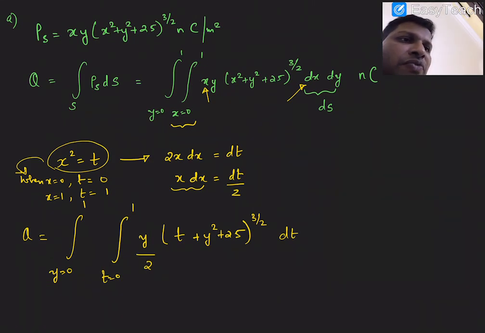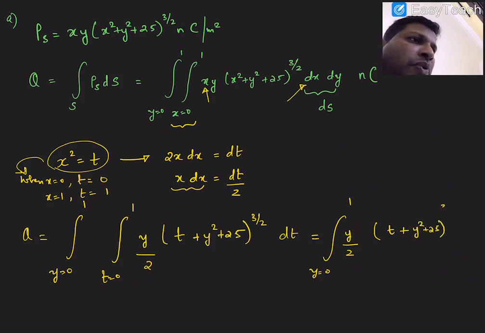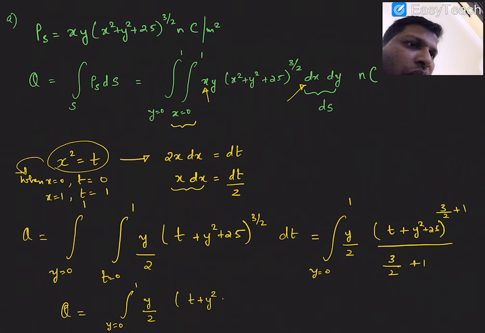Now if we are integrating this, we will get the integral, y changes from 0 to 1, y over 2, and then the integral of (t plus y square plus 25) whole power 3 by 2 is (t plus y square plus 25) whole power 3 by 2 plus 1, divided by 3 by 2 plus 1. So you will get Q as the integral, y from 0 to 1, y over 2, then (t plus y square plus 25) whole power 3 by 2 plus 1, which is 5 over 2, and this also becomes 5 over 2.